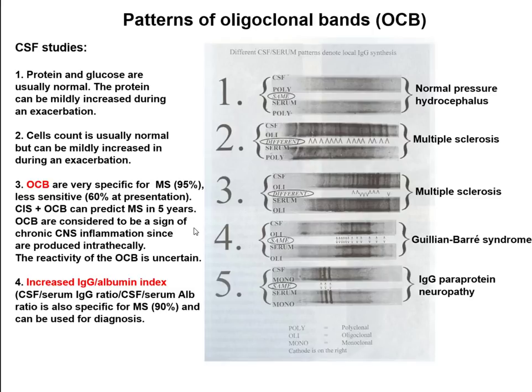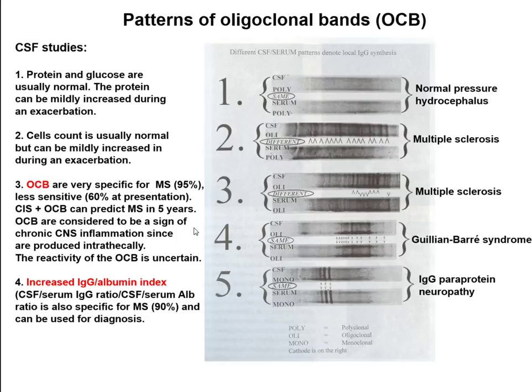In addition, we will see in patients with multiple sclerosis an elevated amount of IgG in the spinal fluid. And when you compare that with the albumin or protein in the blood, we have an IgG albumin index that we can use. When this IgG albumin index is increased, this is specific for multiple sclerosis and can also be used for the diagnosis.